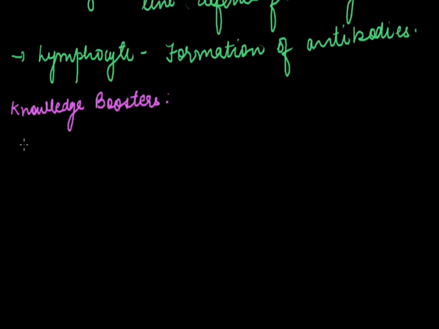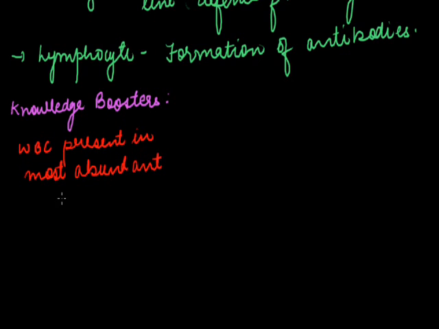The WBC which is present in the most abundant amount is neutrophil. It is the maximum WBC present in the blood.